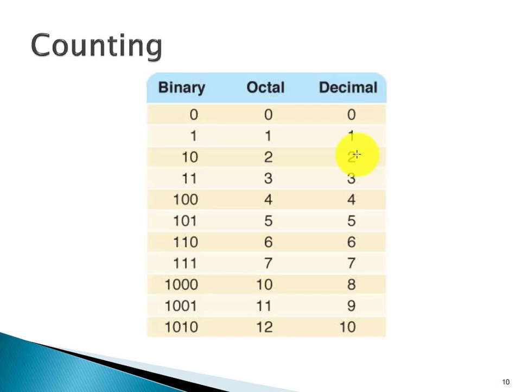When you have a 2, you have 10. When you have a 4, you have 100. When you have another power of 2, which is 8, you get 1000. And imagine what the next number would be, 16, which would be 10000, and so on. So the powers of 2 have a special relationship with binary, as one would expect. If you think about it, it makes complete sense. But that's something for later.